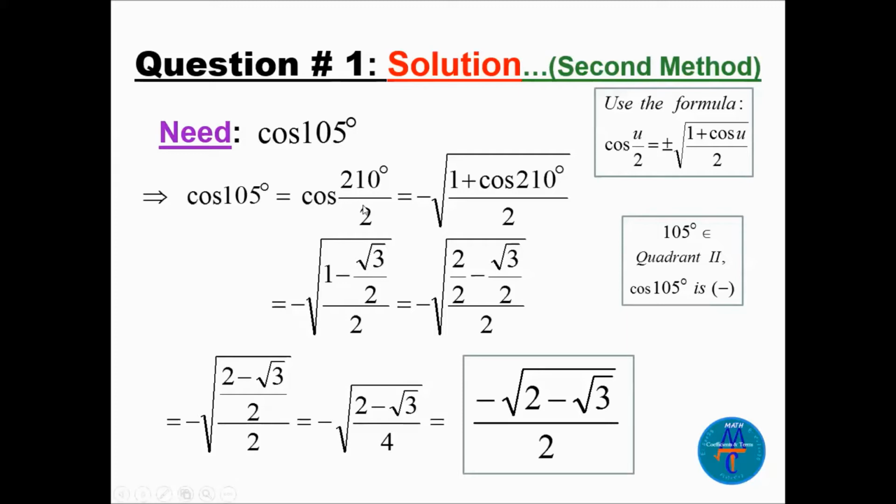So cosine of 210 over 2, by this formula, will have the minus, because 105 is in quadrant 2: square root of 1 plus cosine 210, divided by 2.